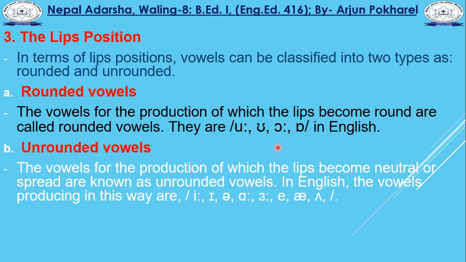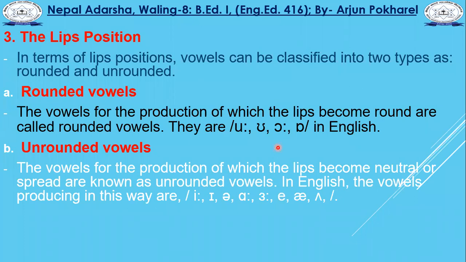So these vowels are produced by not making your lips in round position. There are only two types of classification of vowels on the basis of lip posture, rounded and unrounded. If the vowels are not rounded, they're automatically unrounded.